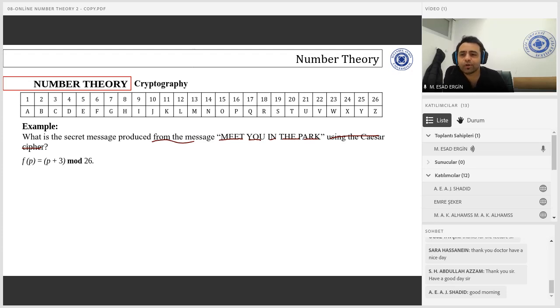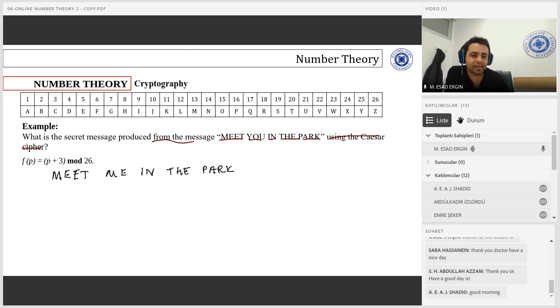At first we are going to rewrite these letters: Meet me in the park. If we use A as 1, and Z equals 26.